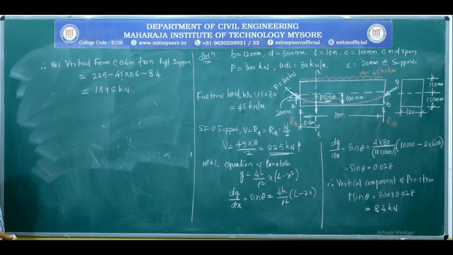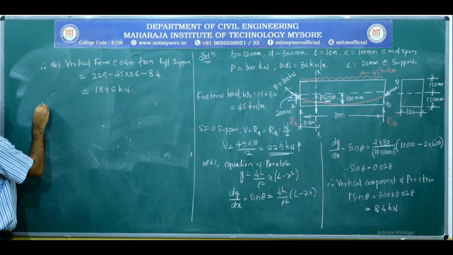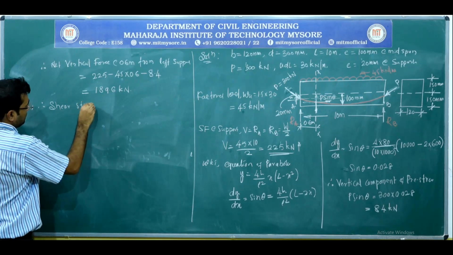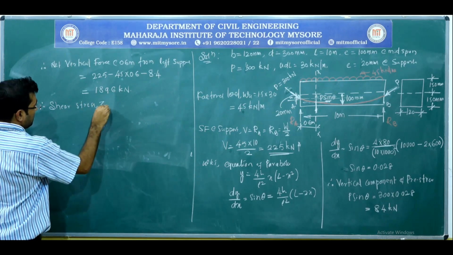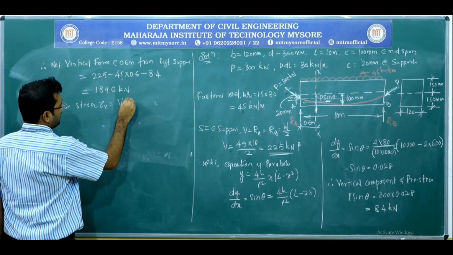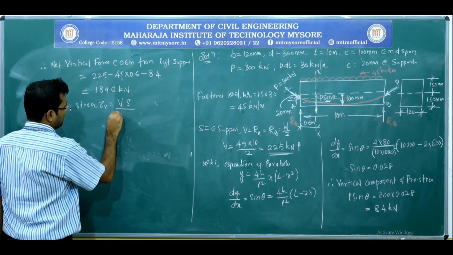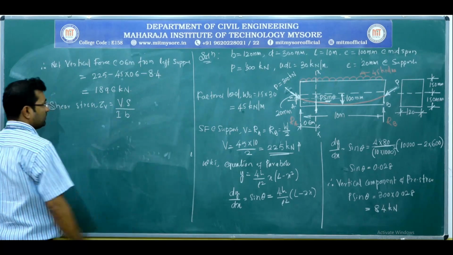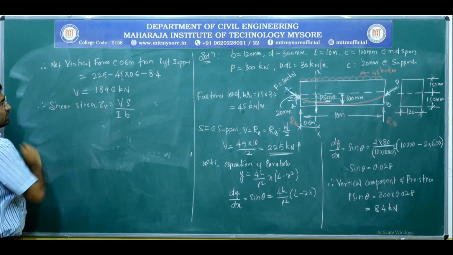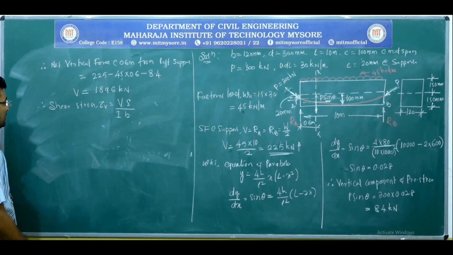Now here we need to calculate the shear stresses. Therefore, shear stress τ is equal to net shear force V into static moment S divided by moment of inertia I into b. We know that V is 189.6 kilonewton.